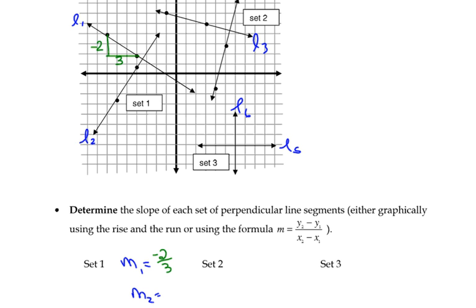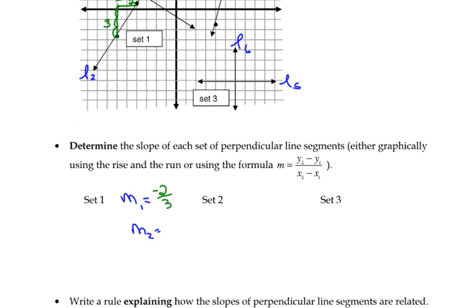Slope of line 2, starting at the point on the left-hand side, we're going up approximately how many? 1, 2. If it's starting here, it's like 1 to there, 2, and then 3. Up 3, right 2. So if we're going up 3, right 2, what's our sign going to be? Positive.